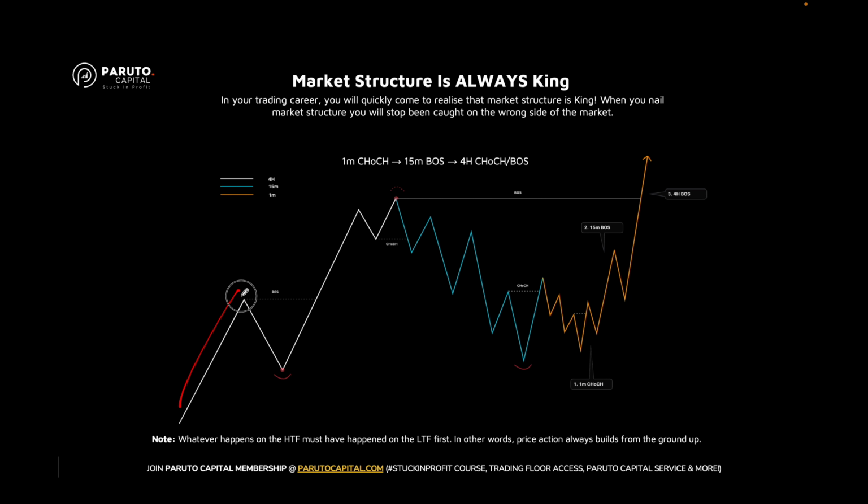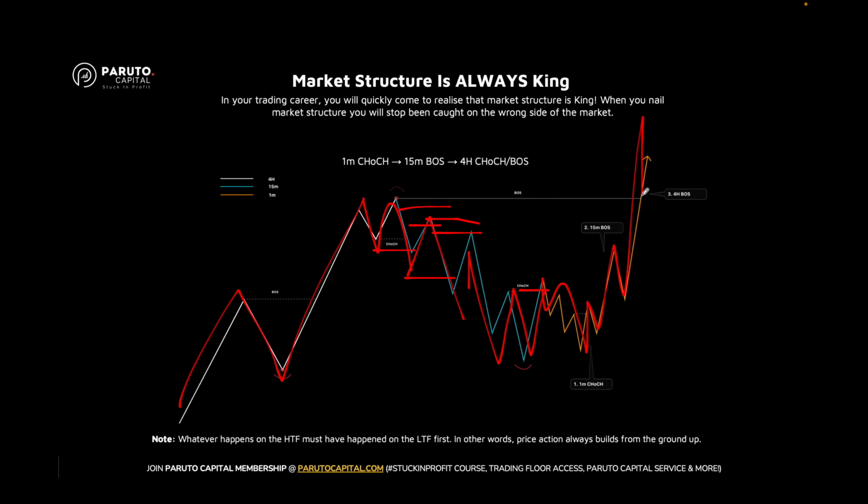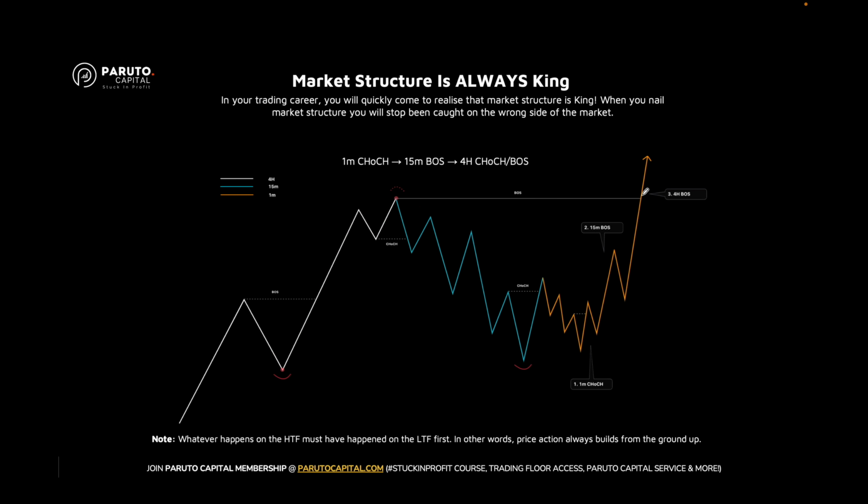So we have the 4 hour upward move, the 15 minute change of character, and then the trend internal order flow. You can see that it comes into that zone and then it continues again. And then all of that just continues to move, right? So it just continues to follow what price would do. So price will do whatever it wants to do.